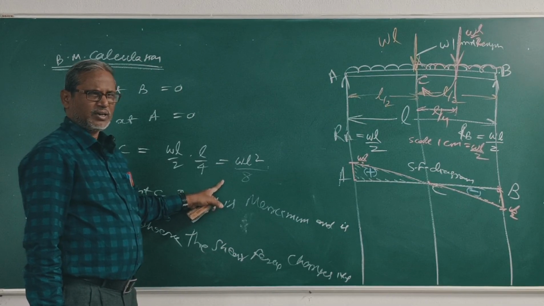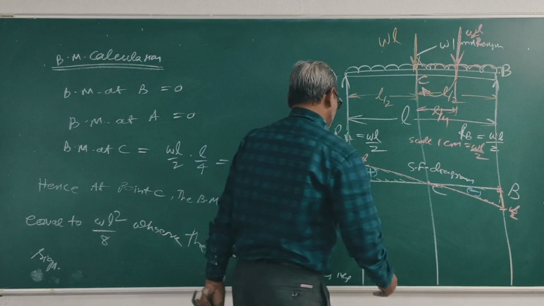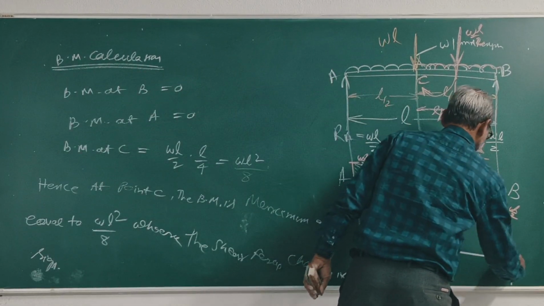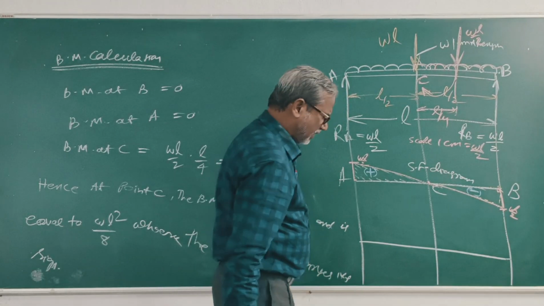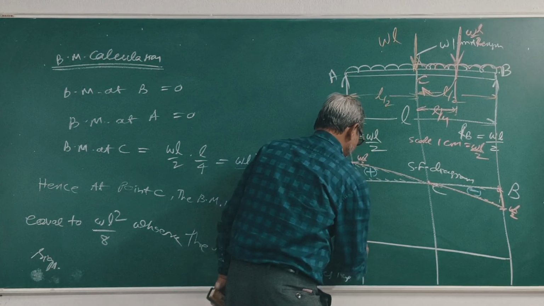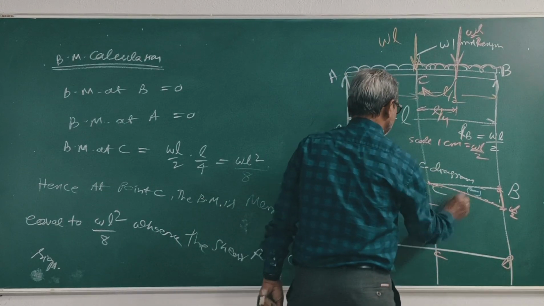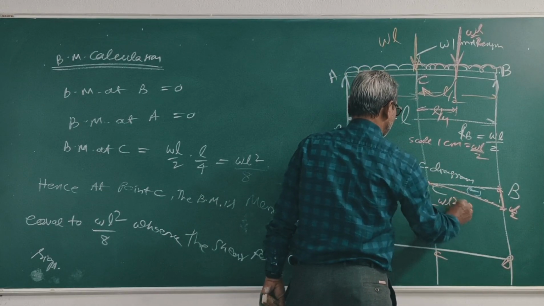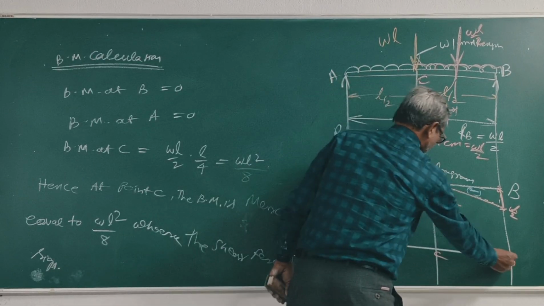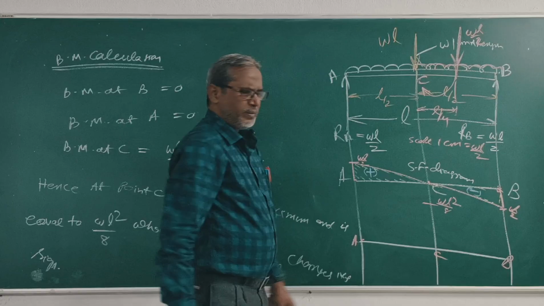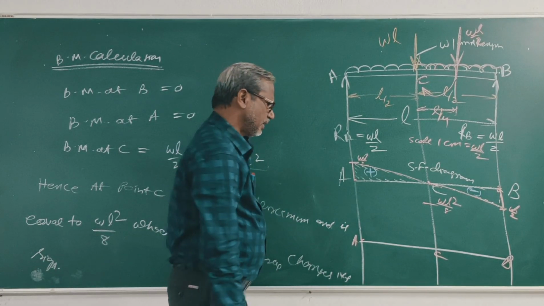It is a second degree of L, so this curve will be parabolic. This is A, C, B. Suppose this is wL square by 8. Here A is 0. At B also 0. BM at B is 0. At C it is wL square by 8. The curve is parabolic.